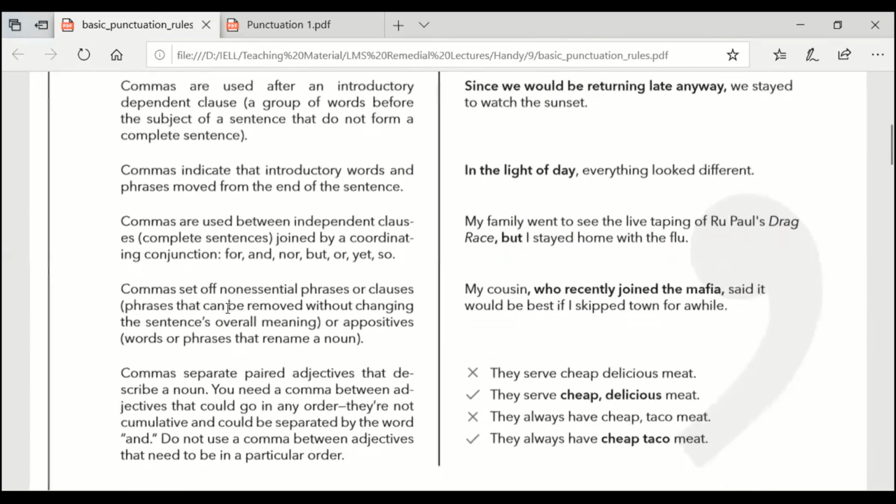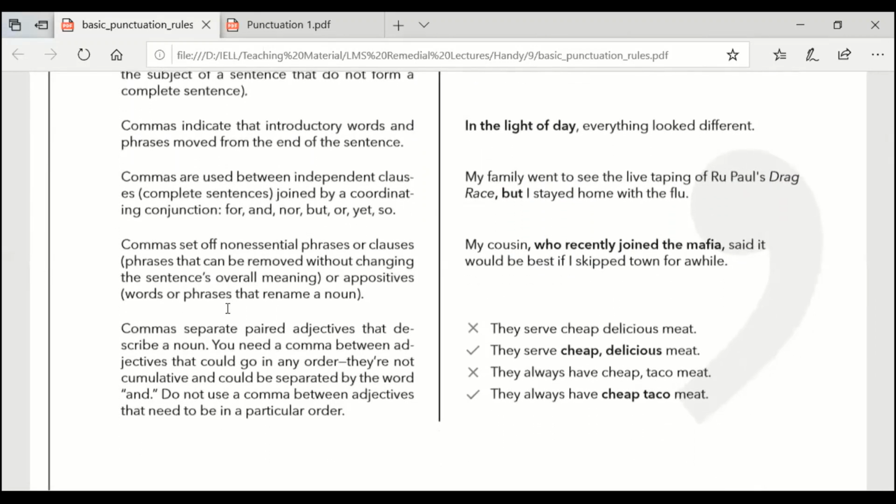Next use of comma: commas are used between independent clauses in complete sentences, joined by coordinating conjunctions. In a lecture, when we were discussing different parts of speech, we talked about coordinating conjunctions, subordinating conjunctions, and so on. We know that we have coordinating conjunctions.